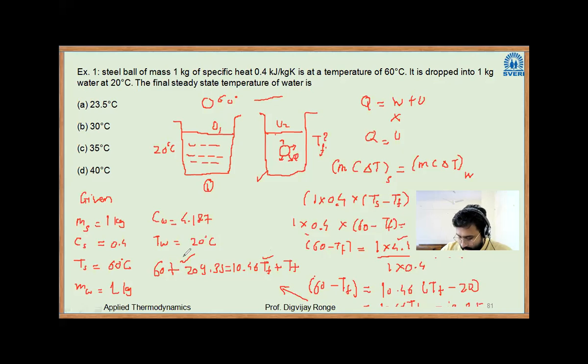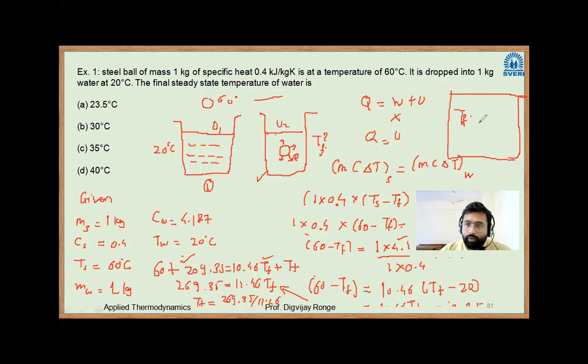So the 60 will become 269.35, and this will become 11.46 Tf. So Tf finally will be equal to 269.35 divided by 11.46. So somebody tell me the final value of Tf. I will also calculate.